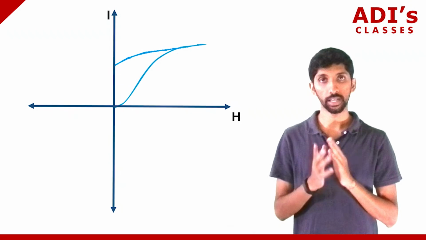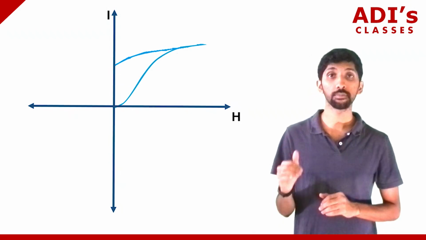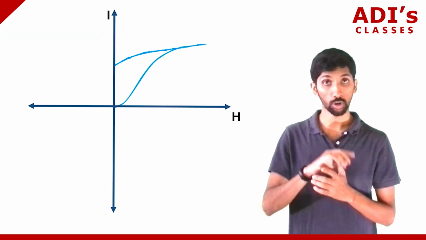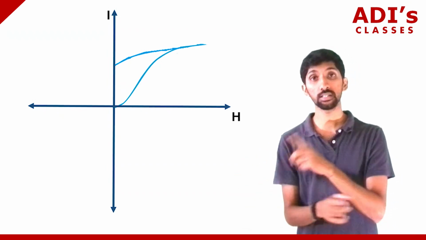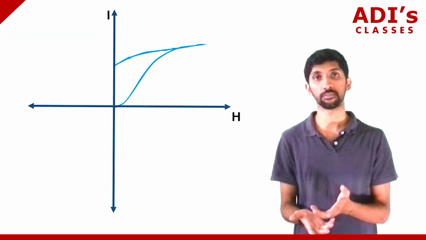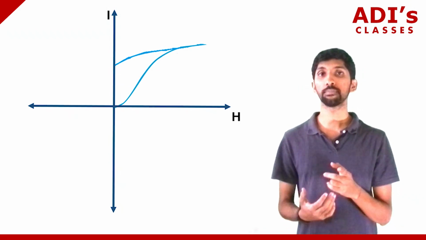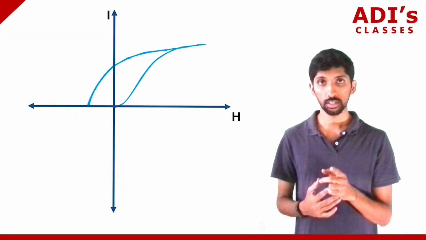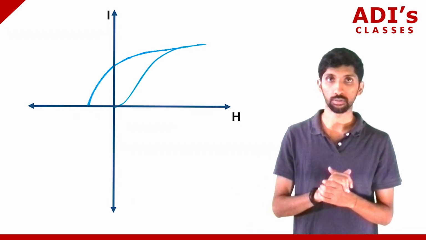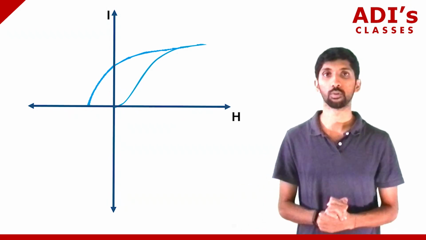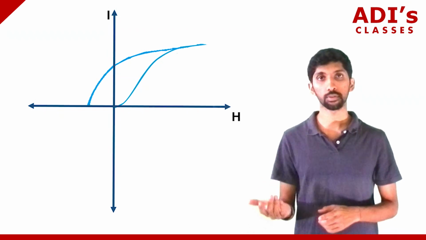Then we need to make the I value 0. If the I value has to be 0, we change the polarity of the magnetizing field, so we start giving it in the opposite direction. As you keep giving this in the opposite direction, the I value becomes 0. So we reach this point. Then we do the same process again.